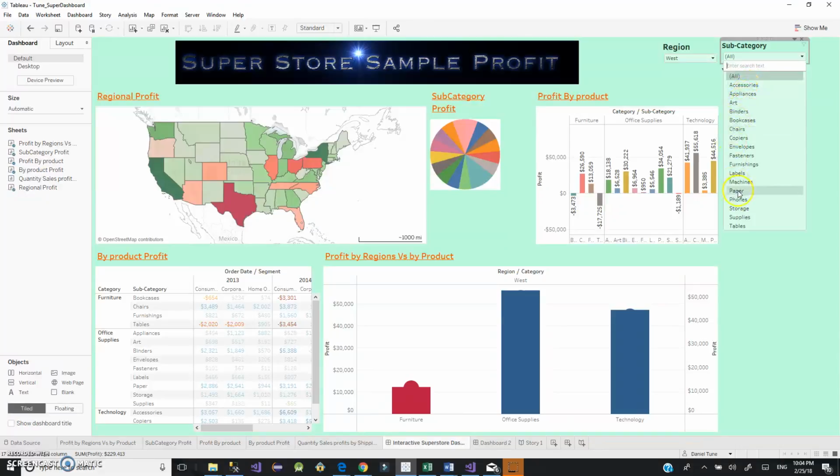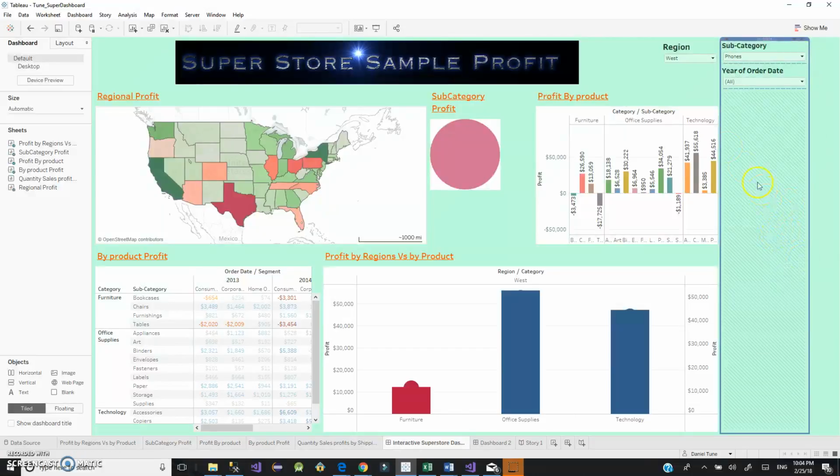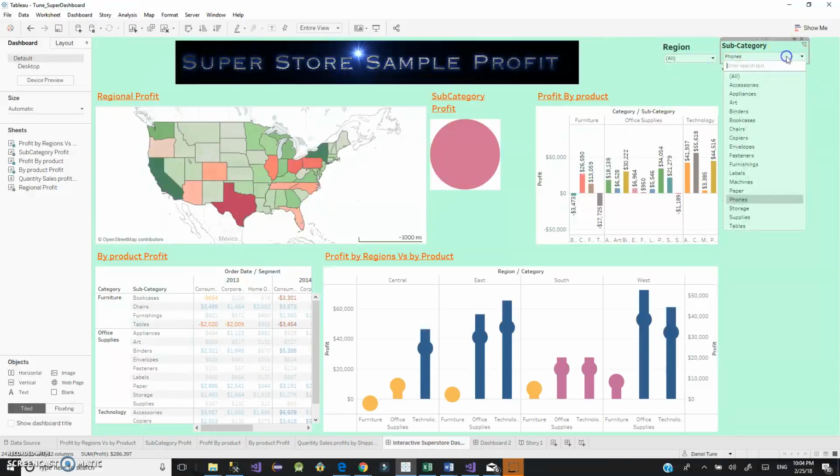Let's see paper. Paper is not doing well either. What about phones? Phones also make profit, about 40,000 here. Also the same thing up here. Interaction is also as good.